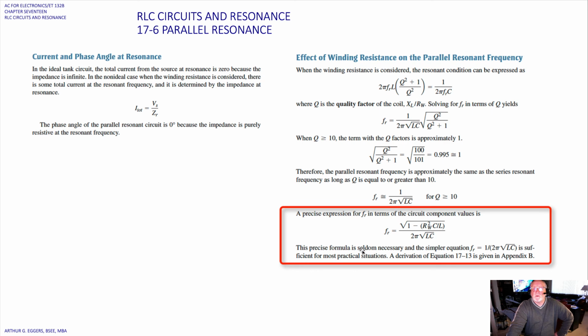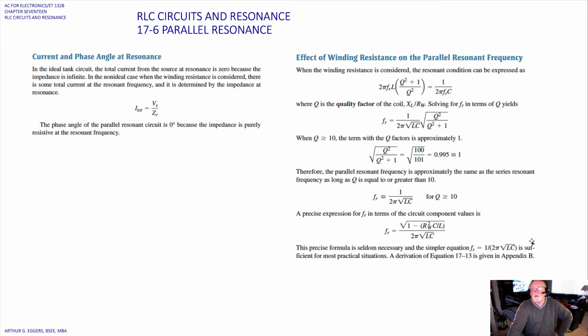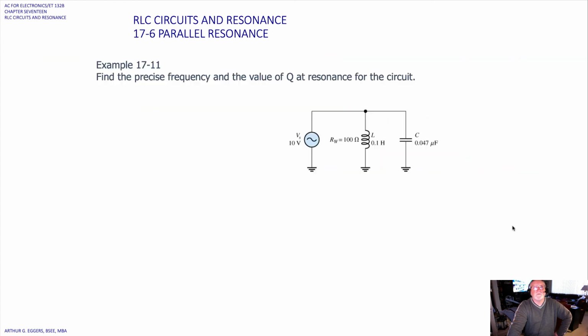This precise formula is seldom necessary, and the simpler equation of resonant frequency 1 over 2 pi times the square root of LC is sufficient for most practical situations. You'll only dive into this one if there is a deep dive and you want to understand what's going on with the minuscule winding resistance.